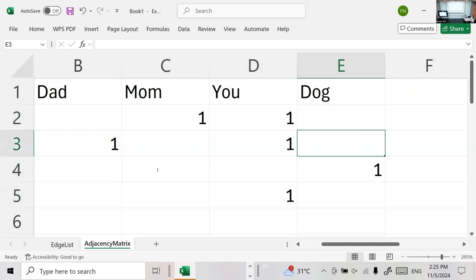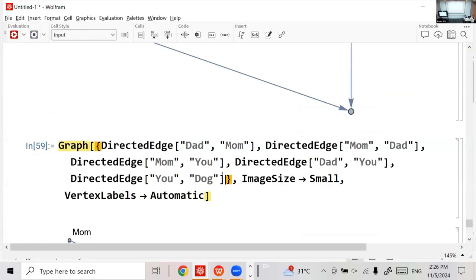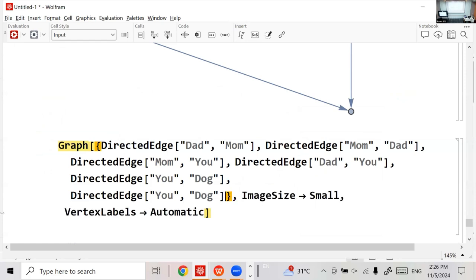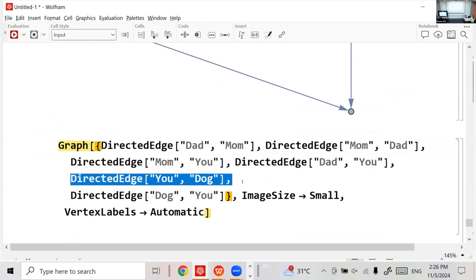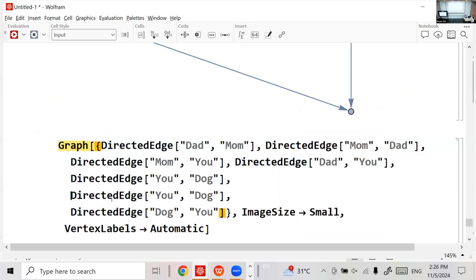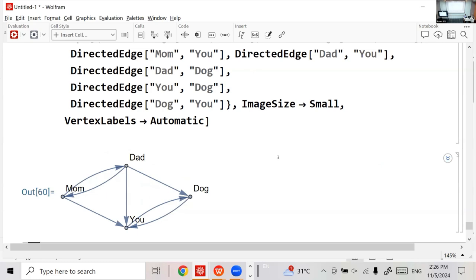Okay. Let's go back to this example. Dog loves you. And let's say the dad loves dog as well. This is more interesting. Okay.